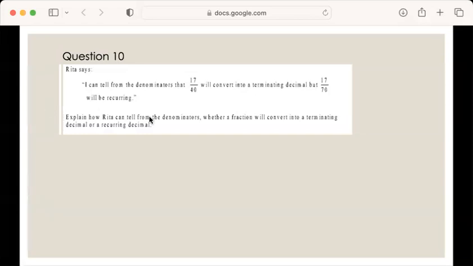Let me show what I'm saying. Let's say, for example, the first one, the denominator is 40, and the second one, the denominator is 70. So what are the prime factors of these? 40 is 10 times 4. 70 is 10 times 7. 10 is 2 times 5 and 4 is 2 times 2.